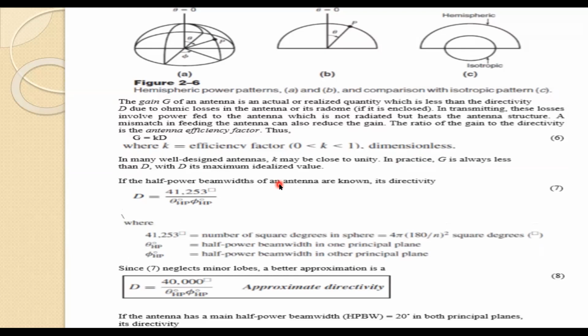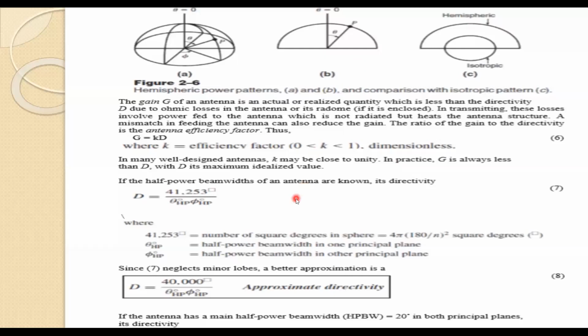Therefore, directivity can also be expressed in terms of half power angles. Can one say how many half power planes are available in an antenna? Yes, very good, two half power planes are available. Those are the theta half power plane and the phi half power plane.